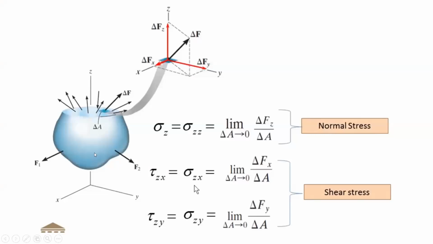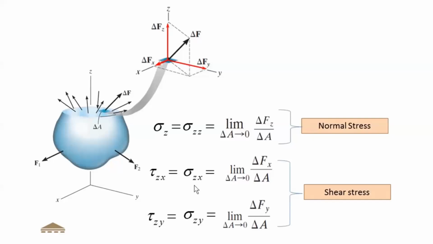So this blue color indicates a body which is an elastic body. Elastic body means any material which is a component of some machine or some structure, and the loads are being applied on this body. So this is a general representation of any component, any part of a machine which is subjected to load.